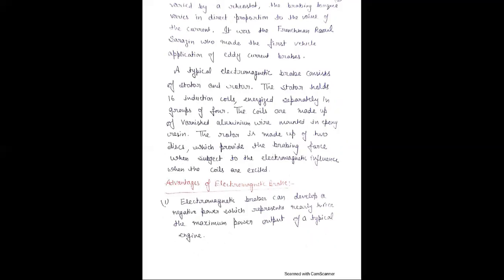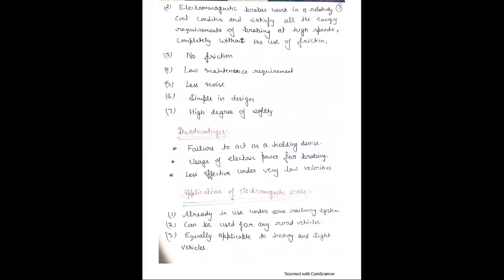coils are excited. Now, what are the advantages of electromagnetic brakes? Electromagnetic brakes can develop a negative power which represents nearly twice the maximum power output of a typical engine. They work in a relatively cool condition and satisfy all the energy requirements of braking at high speeds completely without the use of friction.